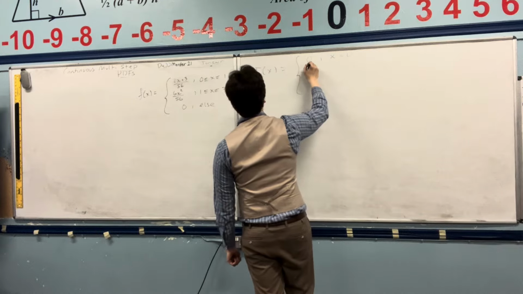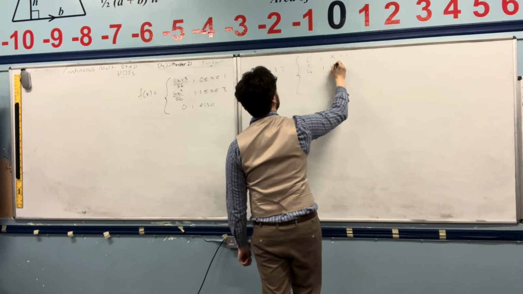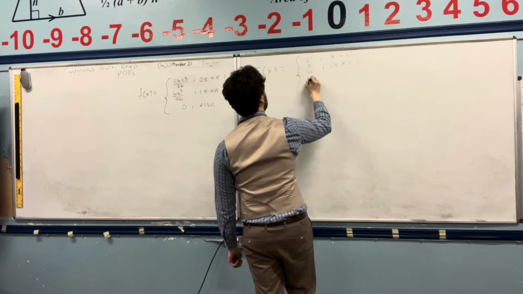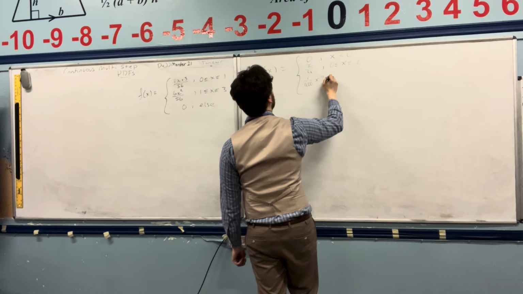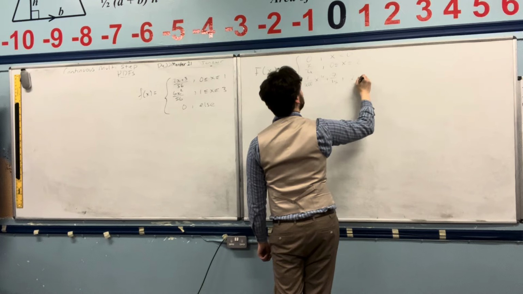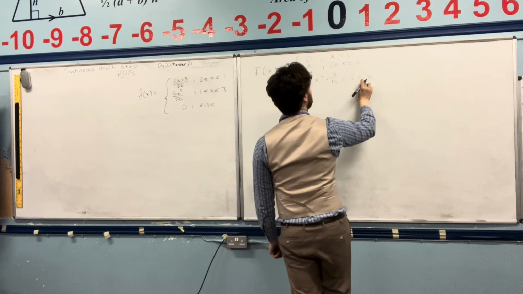It's x over 4 for x in the range 0 to 2. And then it's 1 over 480 x to the 4 plus 7 over 15 for x in the range 2 to b. And then 1 for x greater than b. Right, so let's get started.